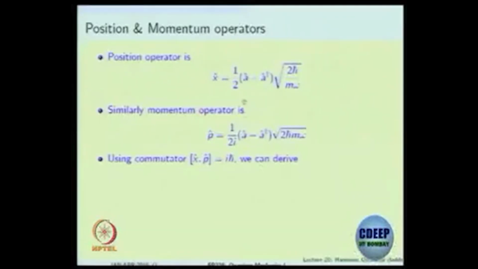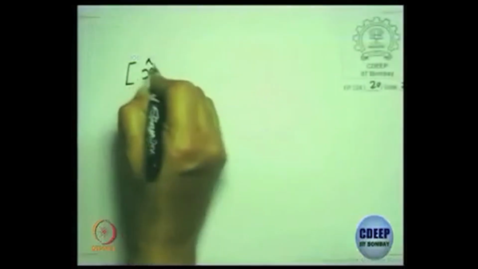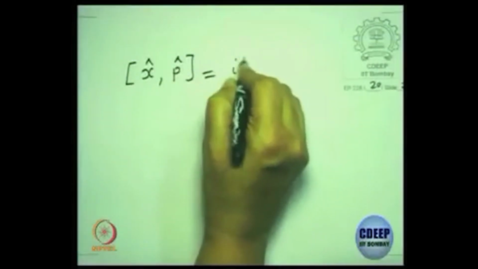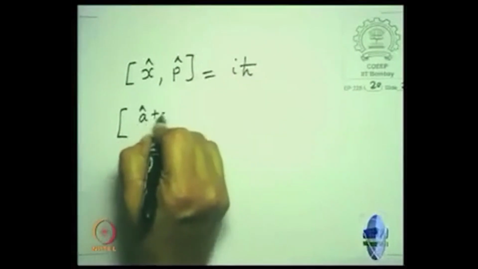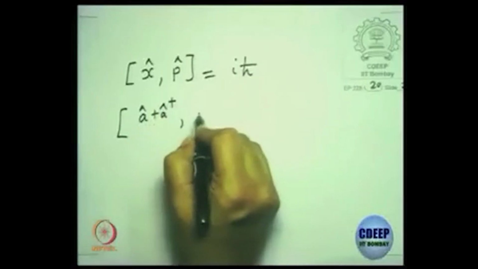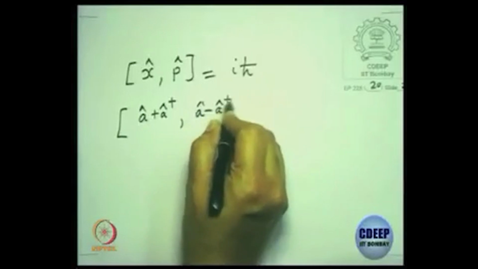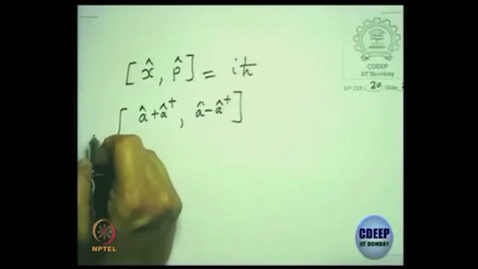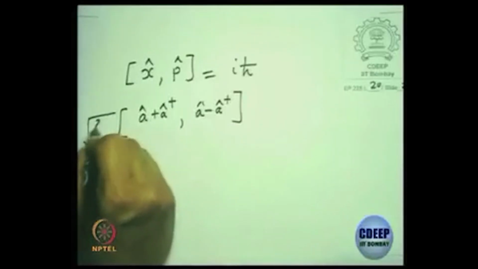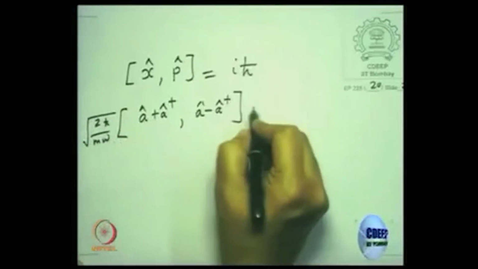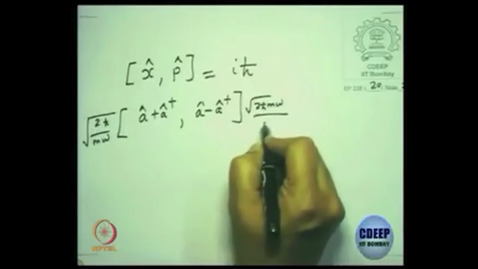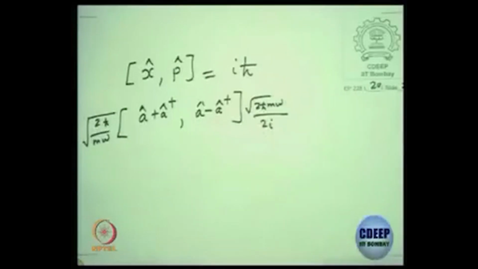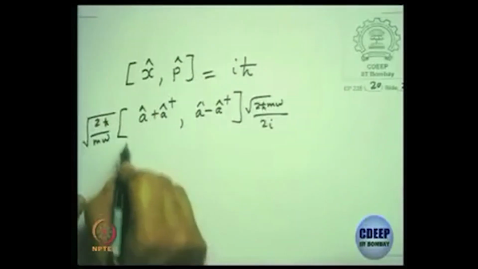Can you try to work it out? i h cross, substitute here A plus A dagger and A minus A dagger. Remove all these factors out. I just substituted the X and the P. Simplify this.